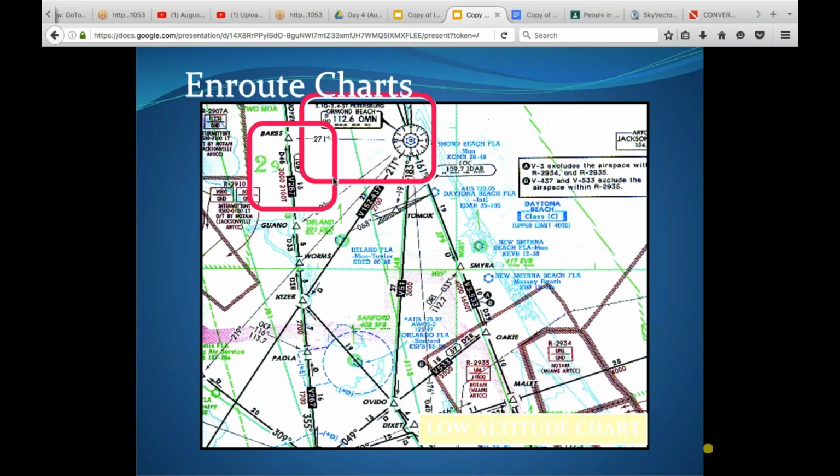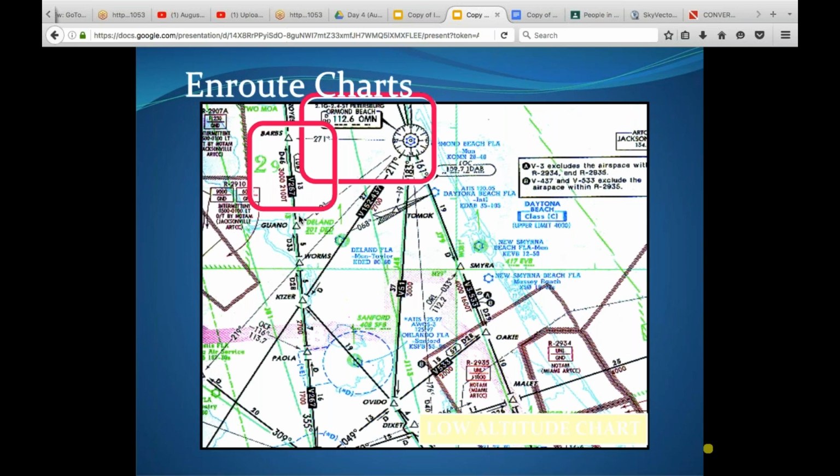They'll use those to basically set aircraft up for an approach into an airport, or departure from an airport. And so that's why those intersections or fixes are important to know: how to read the mileage off of them, how to identify where they're located, things like that.